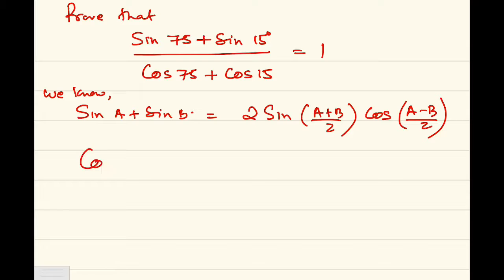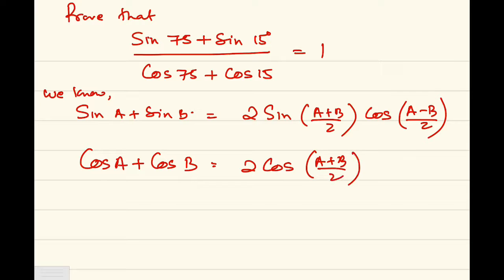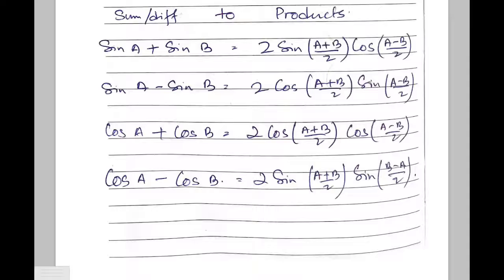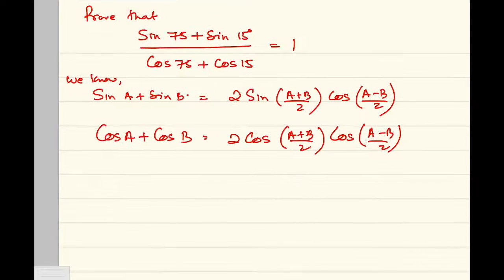Even cos, I know the formula. Cos A plus cos B was the formula. This is sine cos, cos sine, cos cos. I think it's the third one. The third formula will be 2 cos A plus B by 2 cos A minus B by 2. Correct? Okay, let's confirm the formulas. Is that right? 2 cos cos and 2 sine cos. Absolutely.